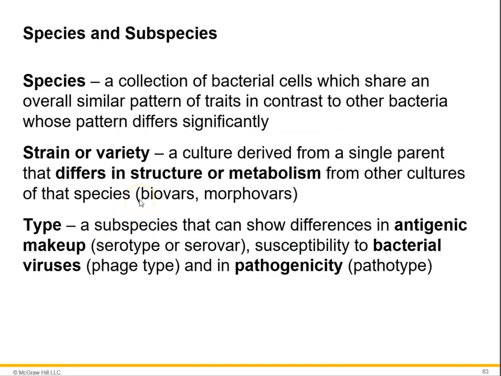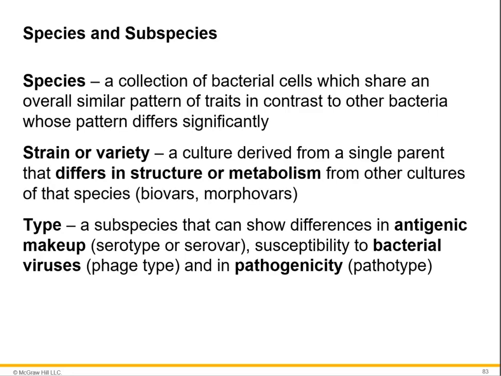Okay, what do we mean when we say species and subspecies? So a species, at least when it comes to bacteria, is going to be a collection of bacterial cells which share an overall similar pattern of traits in contrast to other bacteria whose patterns are going to differ significantly, okay?